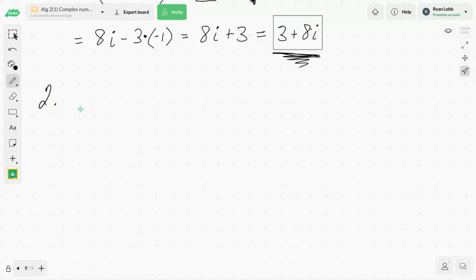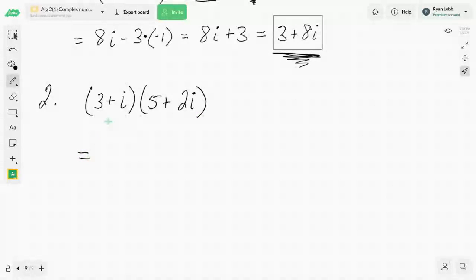Let's go with 3 plus i times 5 plus 2i. What is it going to be equal to? Well, we have to distribute. The 3 times the 5 is 15.